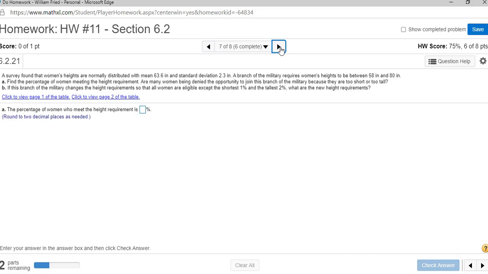Okay, here's a good one. They give you a mean and standard deviation. It says find the percentage of women meeting the height requirement between 58 and 80.